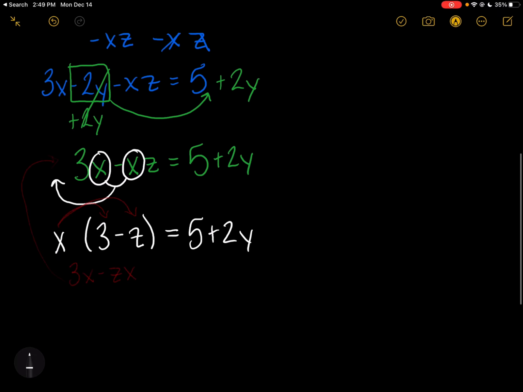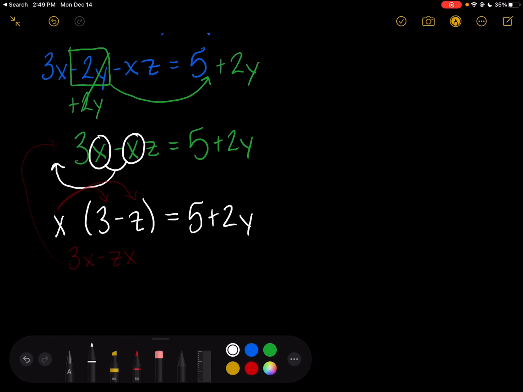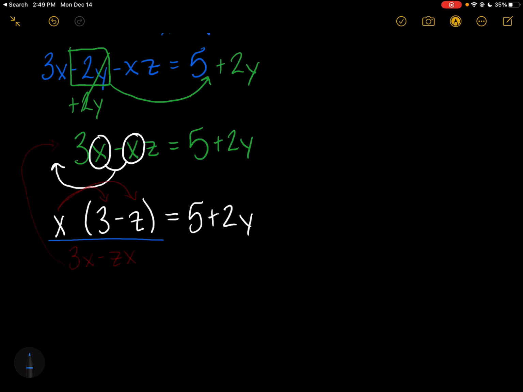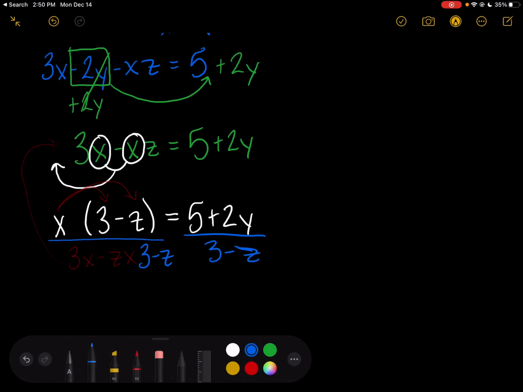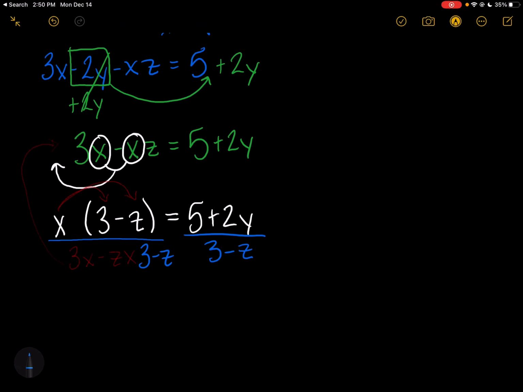Now that I'm at this point, if I want to solve for x, remember I want x totally by itself, I'm going to divide that 3 minus z off of the x. Since I'm not dividing by a number, it's a lot easier just to leave this as it is.